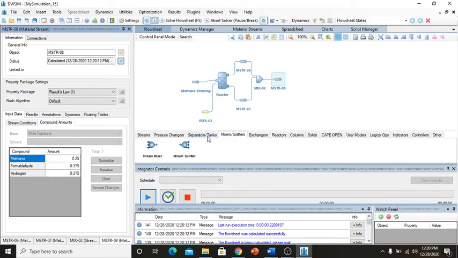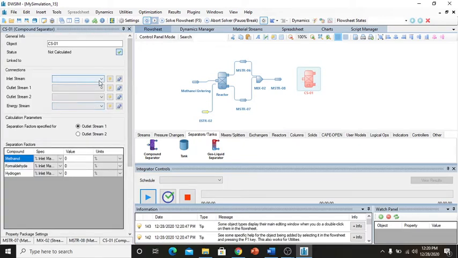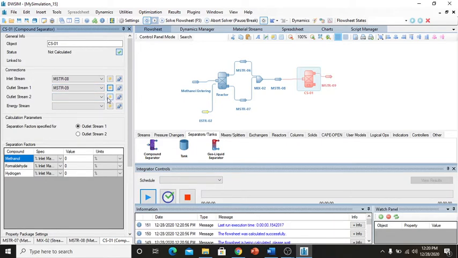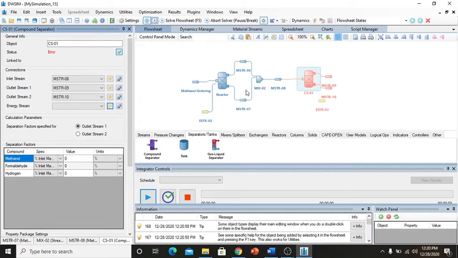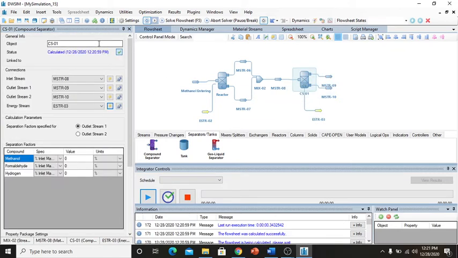So we will be using a compound separator for that. For the compound separator, our inlet stream is stream 8, the outlet, and then the energy stream. So let's rename this as our separator.